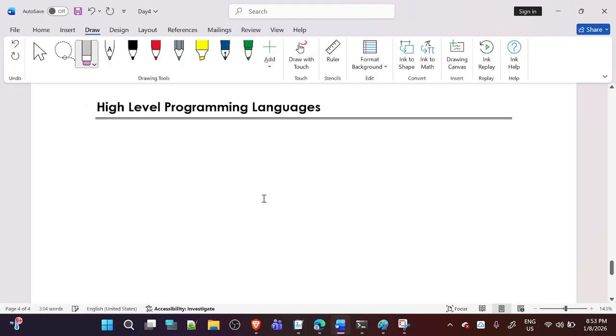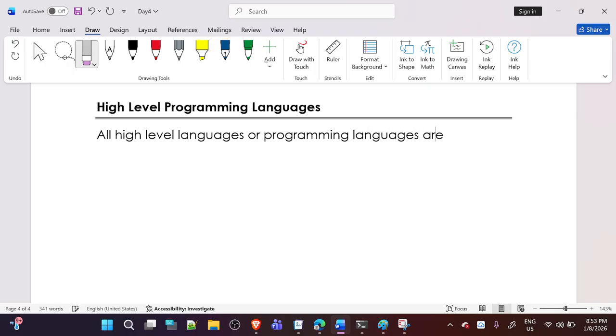But let's write here as well. All high level programming languages are in simple English, right?